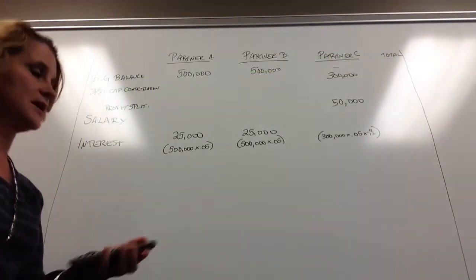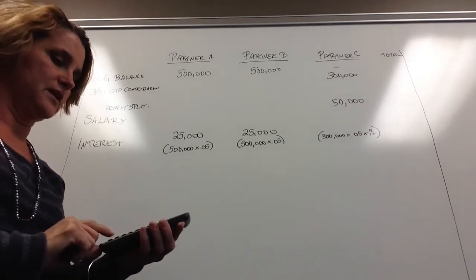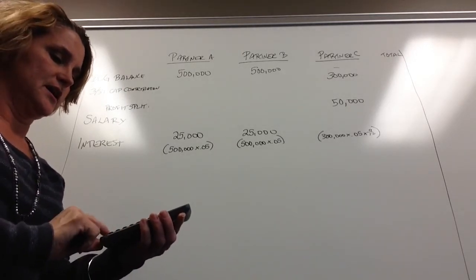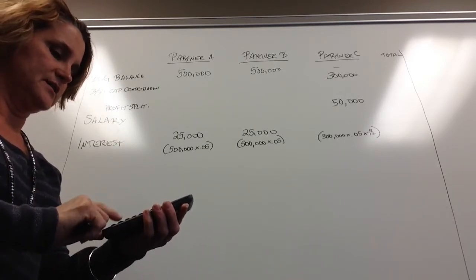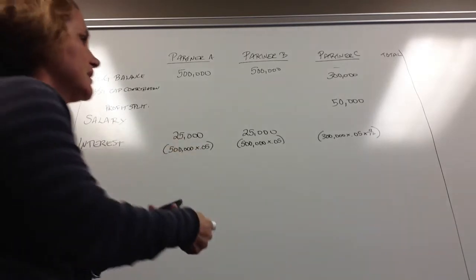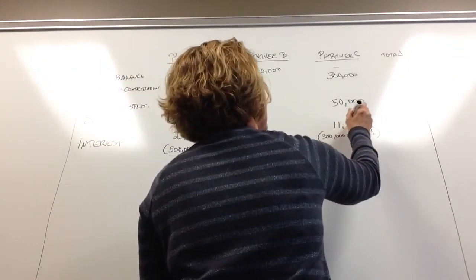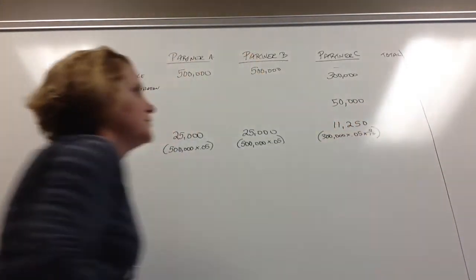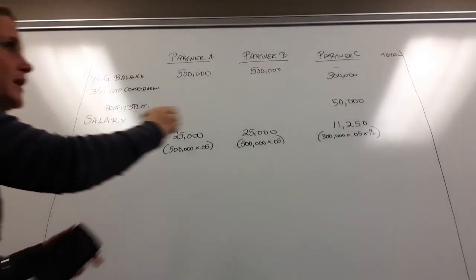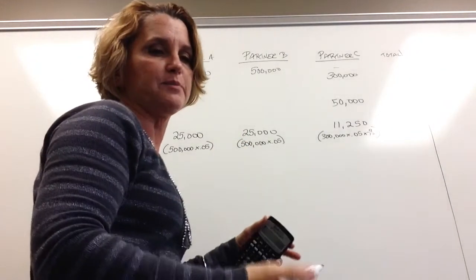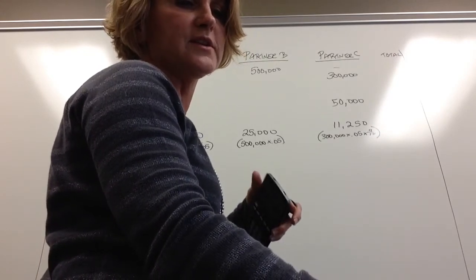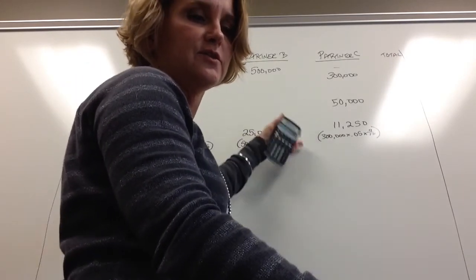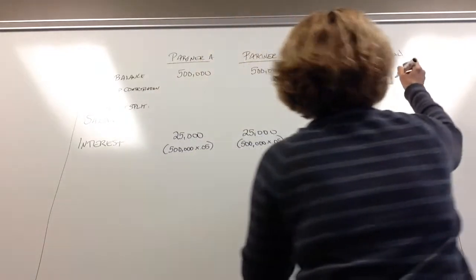So let me get my calculator there. If we take 300,000 times 5%, then multiply that by 9 and divide it by 12, that gives us $11,250. So now if I go over to my profit split column, it told me that the revenues less expenses, other than the two things we've just mapped out, was $400,000.